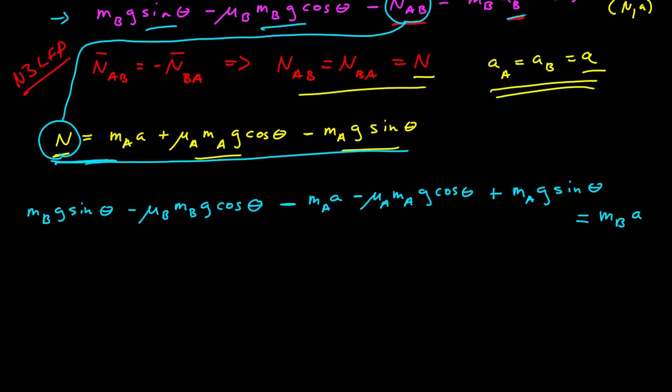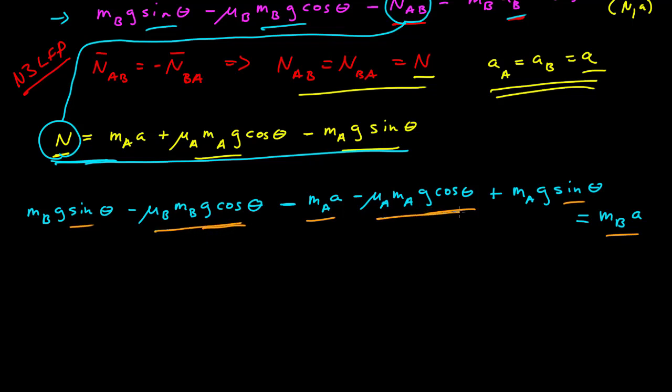What I'm going to do here is combine some terms and simplify my equation so it doesn't look like a mess. I have two terms here that have g cosine theta in them. I have terms that have sine theta in them, and I have my two acceleration terms I want to combine as well. So I'm going to combine all these together. I probably didn't have to use the same color for all that.